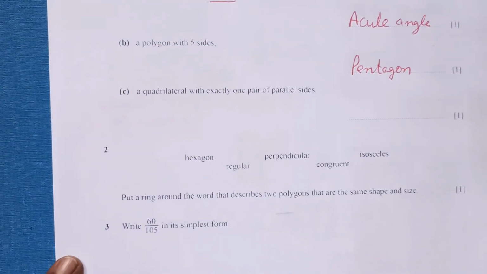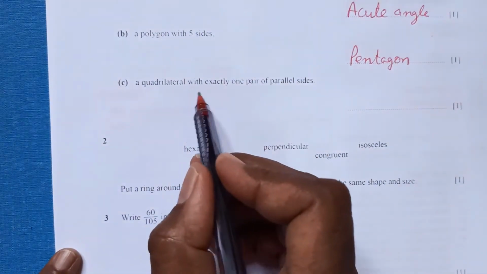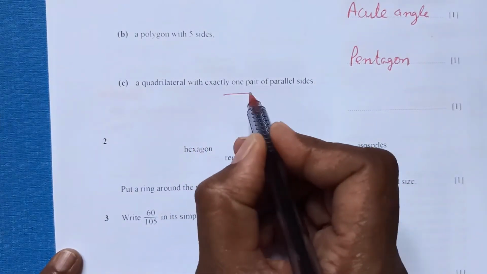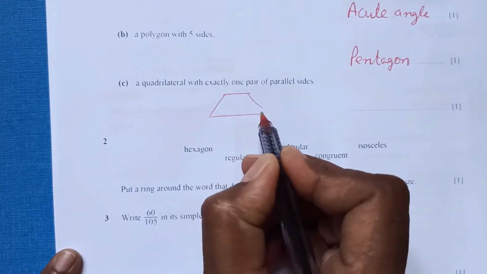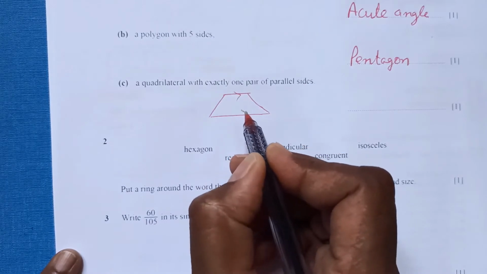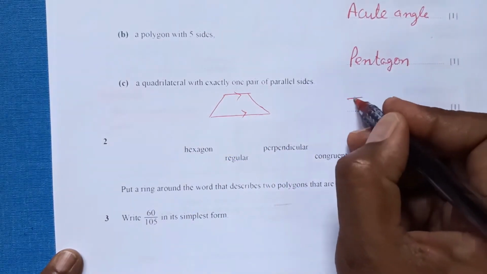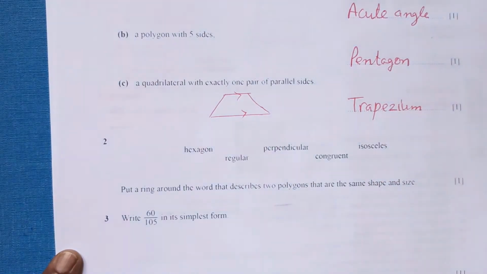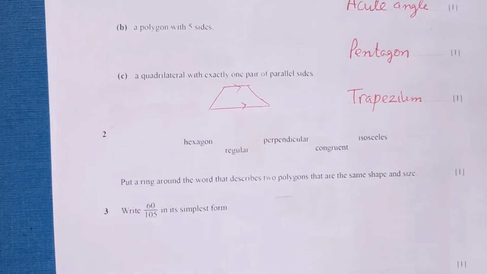Okay. Now C part. A quadrilateral with exactly 1 pair of parallel sides. So 1 pair of parallel sides is always a trapezium. So this and this are parallel in a trapezium. So we will write down here the name of the shape, that is trapezium.